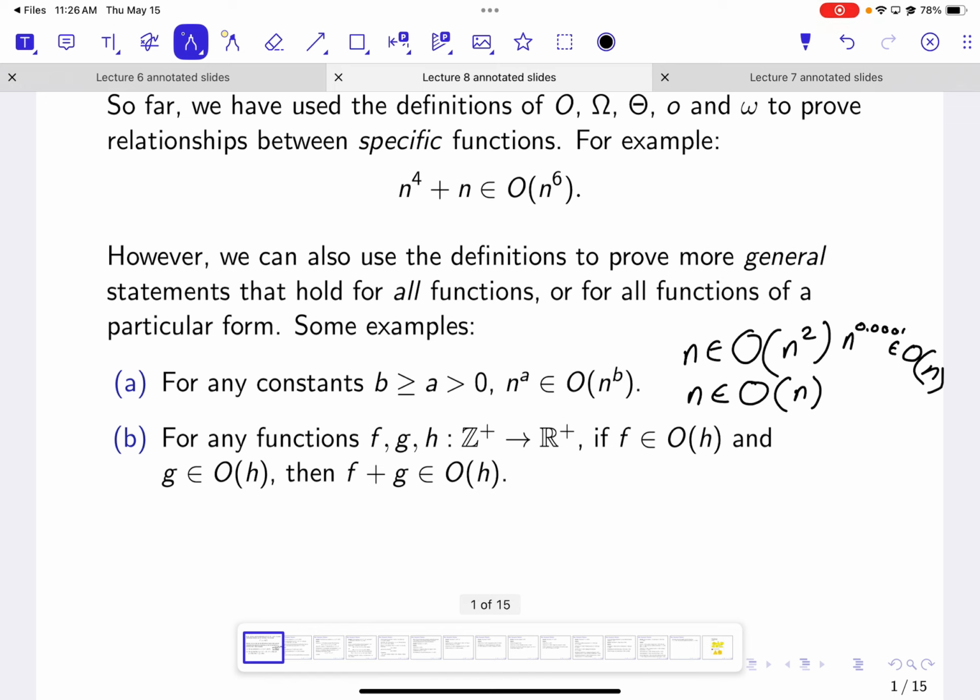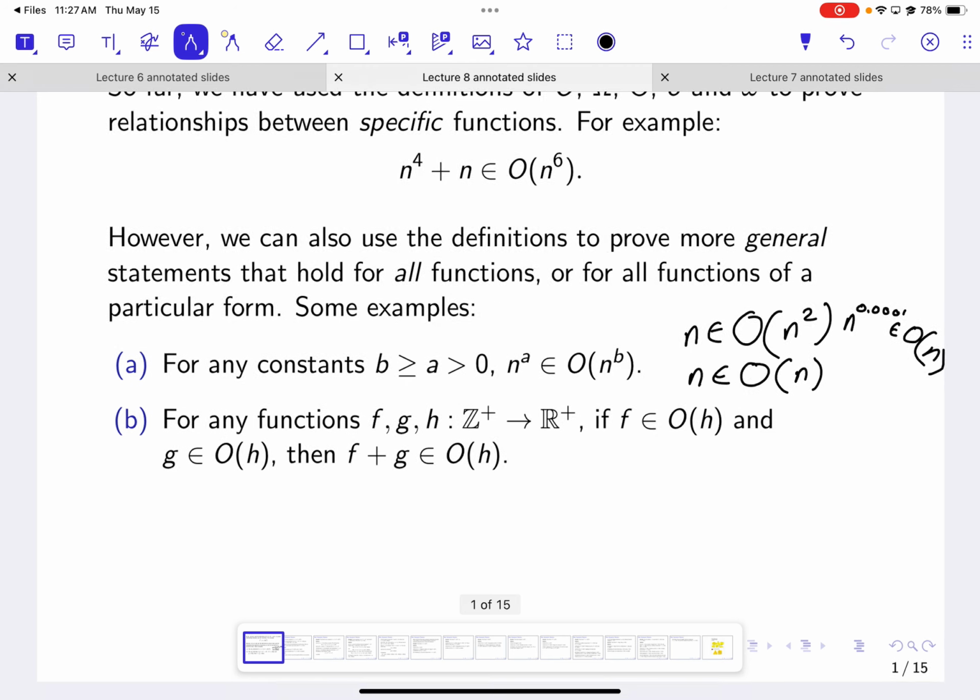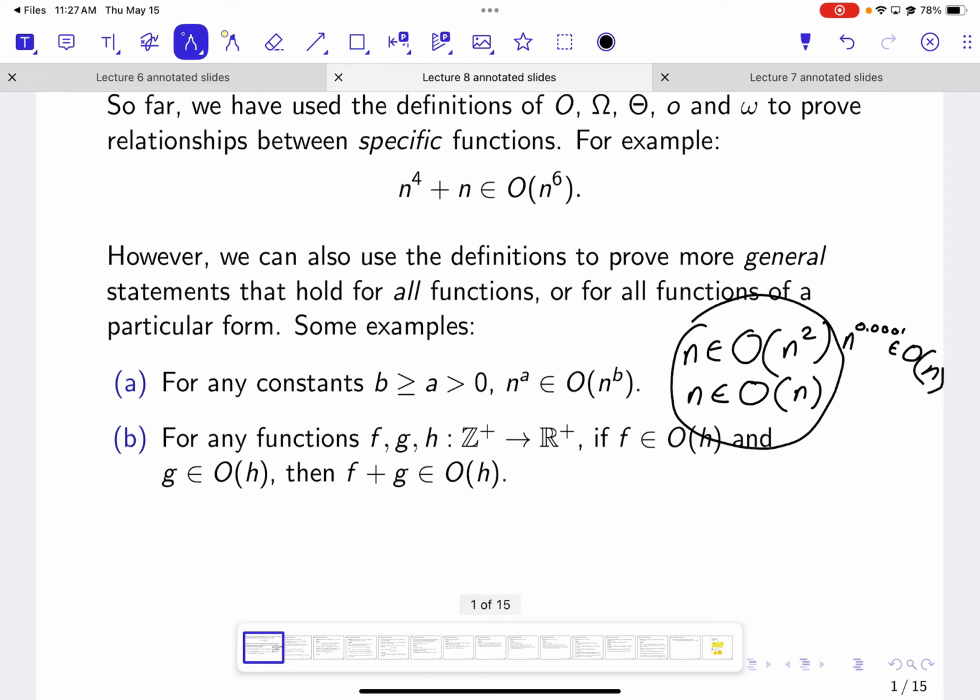And we have an addition rule. So if f is in O of h and g is in O of h, then the sum of f and g is in O of h. So, actually no, I'm going to make two new examples.